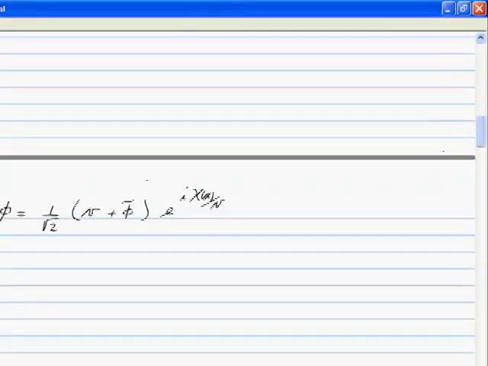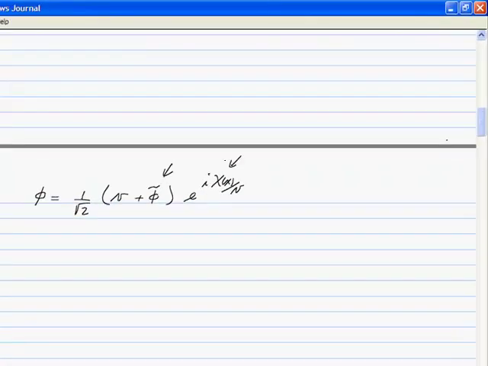I've now got two fields. I've got that field and that field. If I look at this for small values of that field chi, it's 1 over the square root of 2, so I'm going to expand now. 1 plus phi twiddle plus i chi.